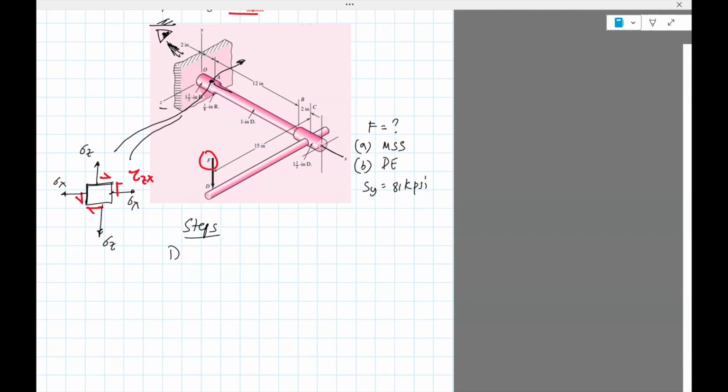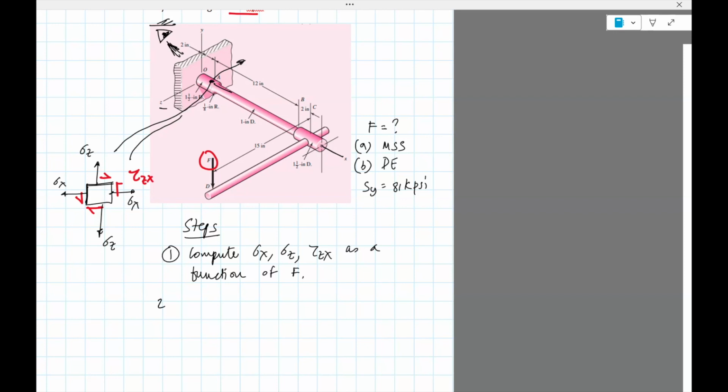Steps. One is, first we'll compute sigma x, sigma z, tau zx as a function of F, right? The stresses are because of F.